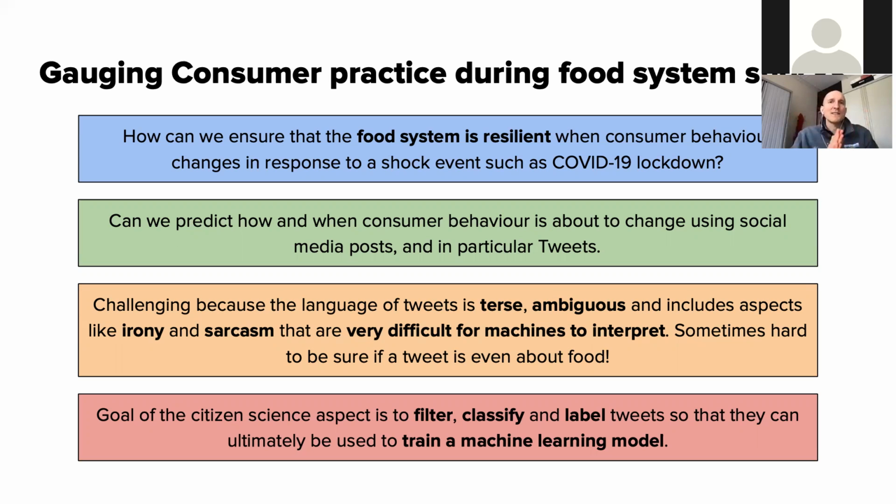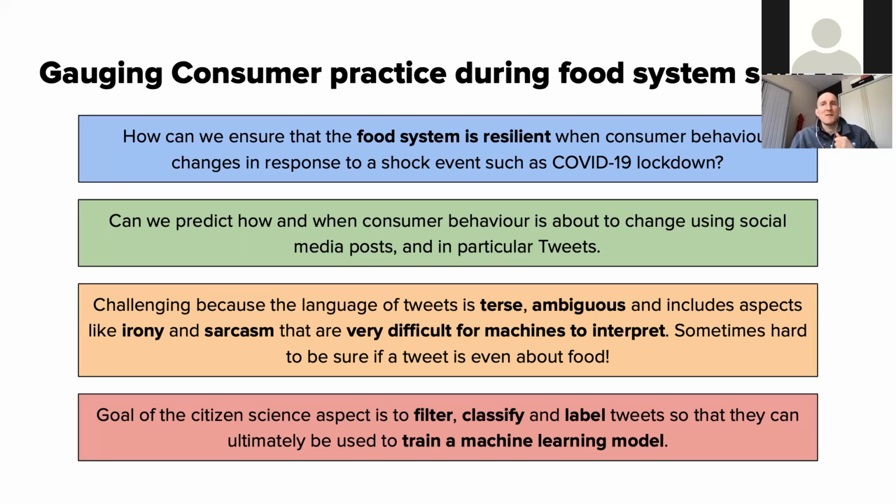So the goal of the Citizen Science Project is to take these tweets that have been pre-filtered by a machine, a sort of rough machine, to find things that we think might be about food, and then filter them to find the ones that genuinely are about food, and classify them to say, what is it about food that they're saying? So what process? Is it buying food?